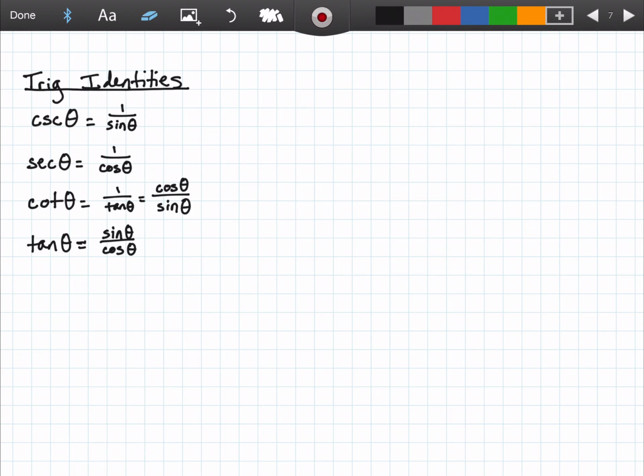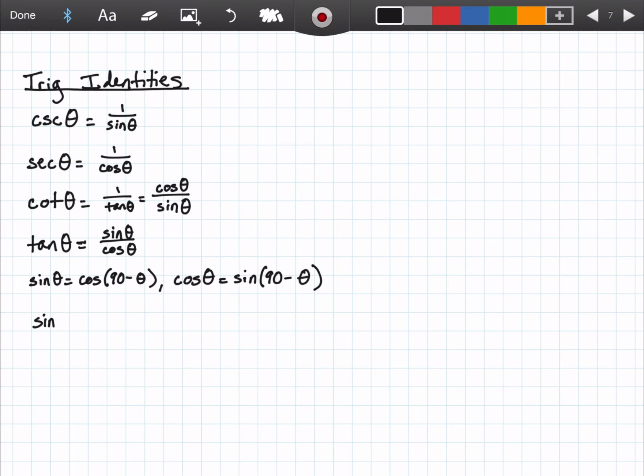We also talked about the complementary identity, which means sine of theta equals cosine of 90 minus theta. And then we talked about the Pythagorean identities.